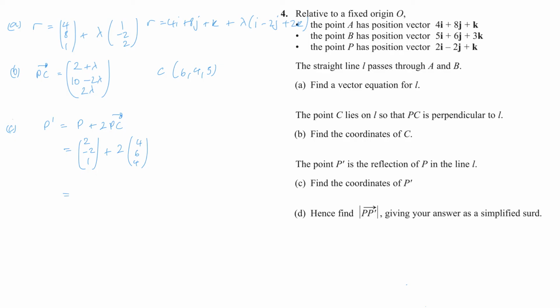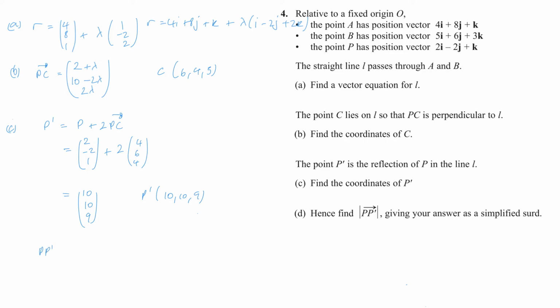So 2 plus 8 is 10, minus 2 plus 12 is 10, and 1 plus 8 is 9. So that's it for P dash, or this will be 10, 10, 9, or 10i plus 10j plus 9k, however you want to write it. Actually, it says coordinates, so leave it like 10, 10, and 9.